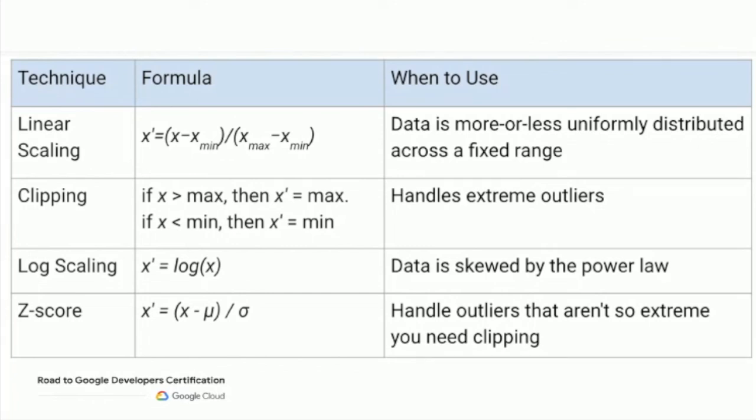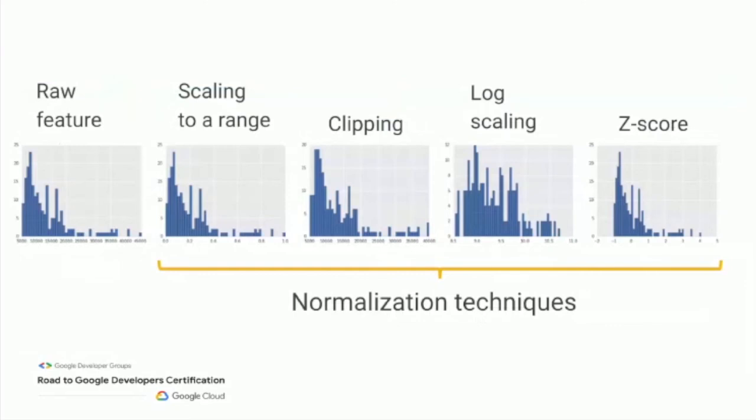So we're going to see some examples in the next slide. Then the log scaling, and this is when the data is skewed by the power law, so it can go way up. The z-score is to handle the outliers that don't need the clipping because they're not really very extreme, but still you need to handle them. So let's have a look at that.